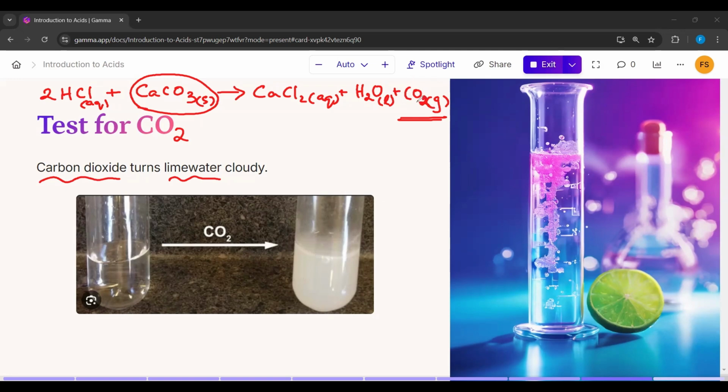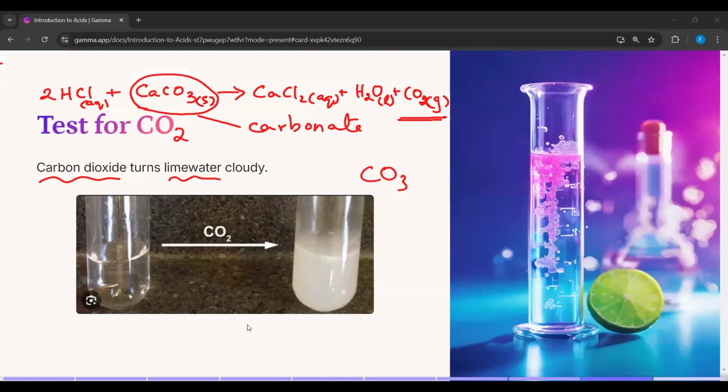So this is a positive test to show that there is carbon dioxide. And if there is carbon dioxide, it means the salt that has been given to you has a carbonate. So you have found the anion now. Now to find the cation, you do a flame test.